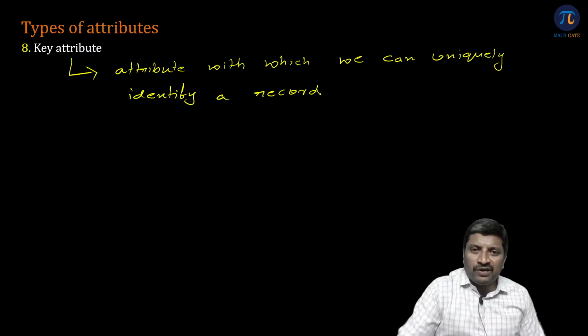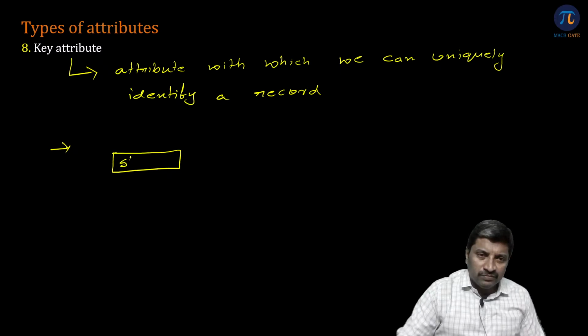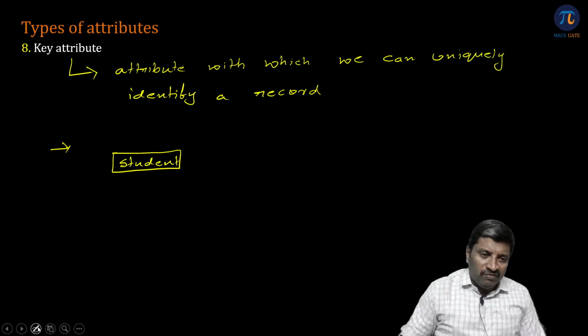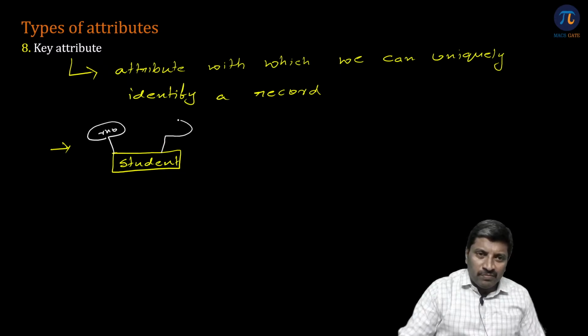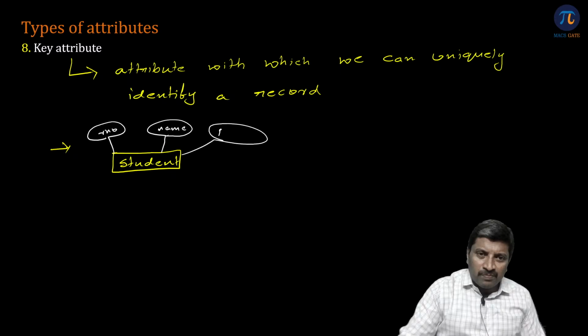For example, if I consider a student, the student might have so many attributes, sir: roll number, name, percentage.